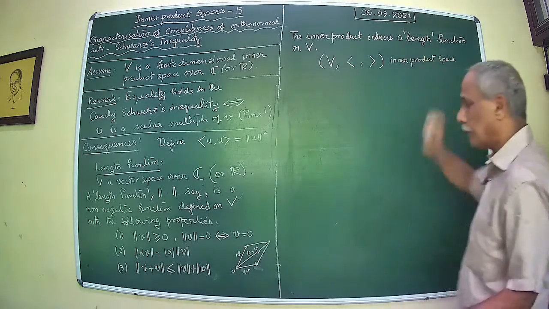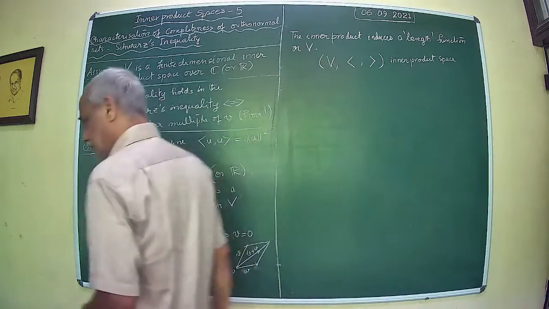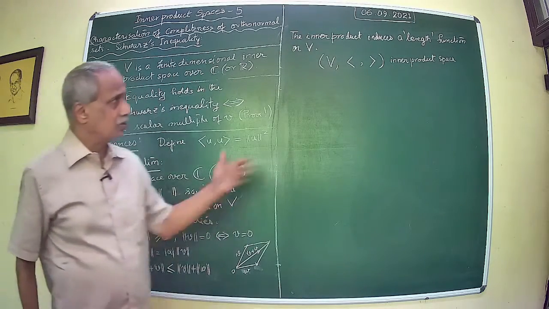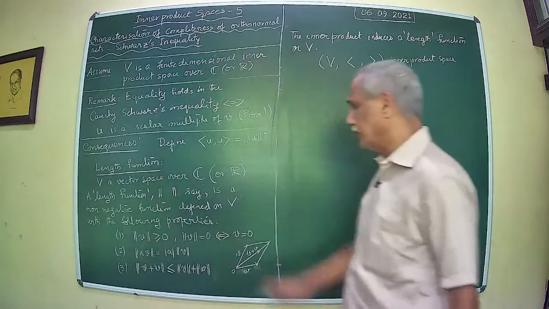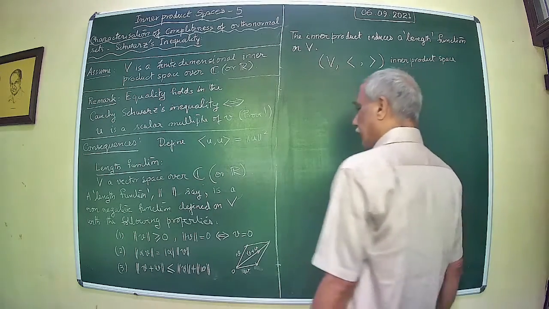And inner product, you know, is a map from V cross V to C with certain properties. So we use that to show that you have a length function induced on V.